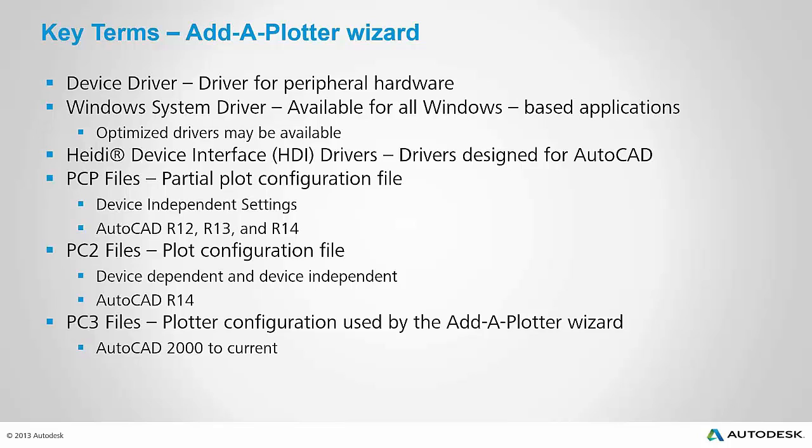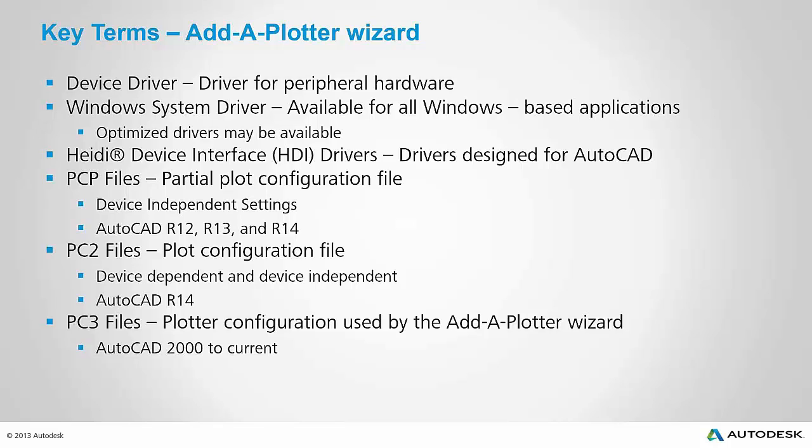Now, let's take a look at the plotter configuration files. First introduced in AutoCAD Release 12, and working in Release 12, 13, and 14 is the PCP file. This is the partial plot configuration file. This file was device independent, which means it was pretty generic as to the settings that it stored.